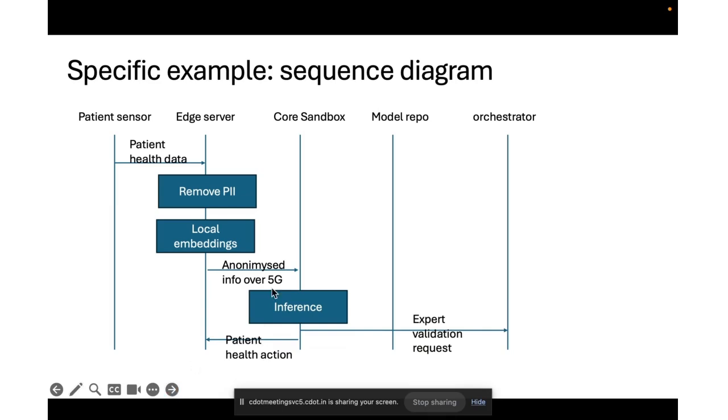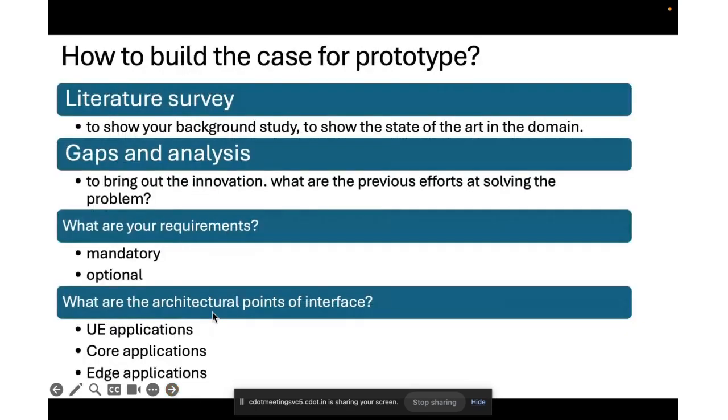Okay, so this is the type of sequence diagram that we went over. I was drawing this in real time last time.